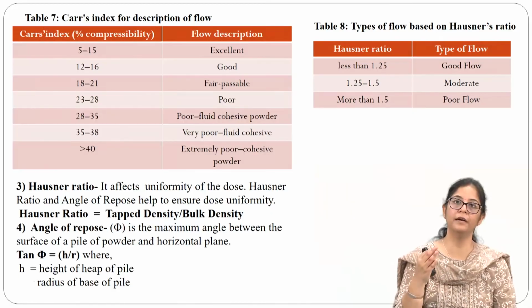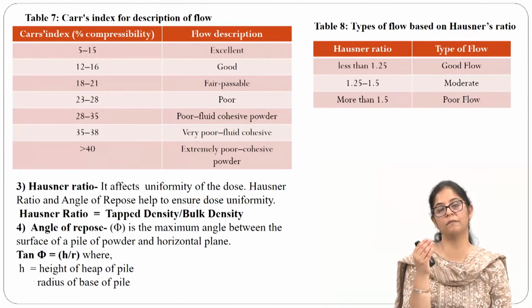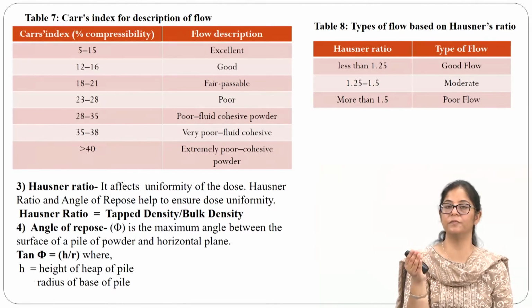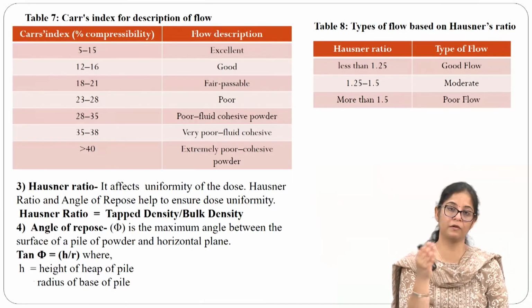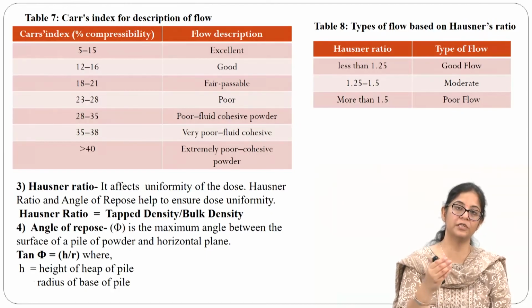So the idea here is that once you get these values for a specific material, in which line it needs to be proceeded, how it needs to be processed or what excipients need to be added, so that it can be brought into a range which is good.